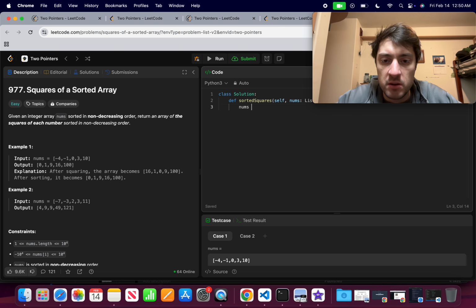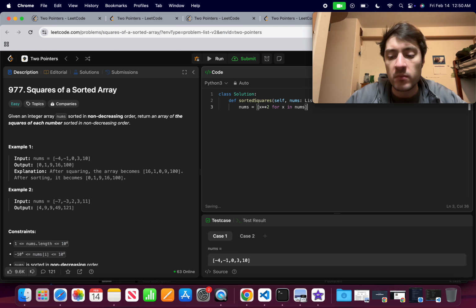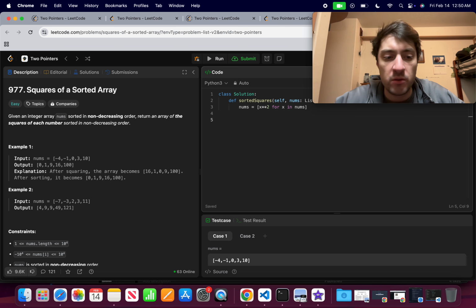nums equals x squared for x in nums. Now go through each of them.